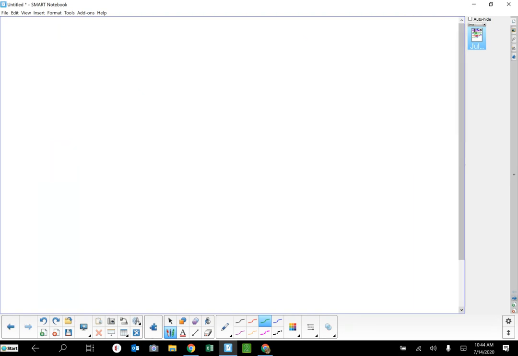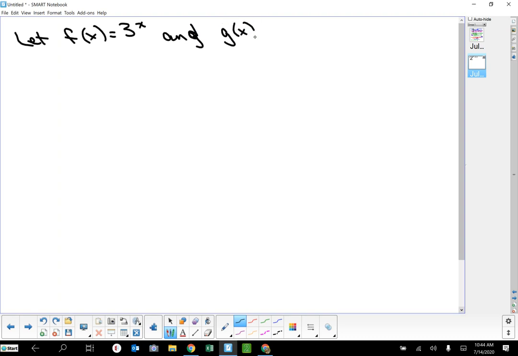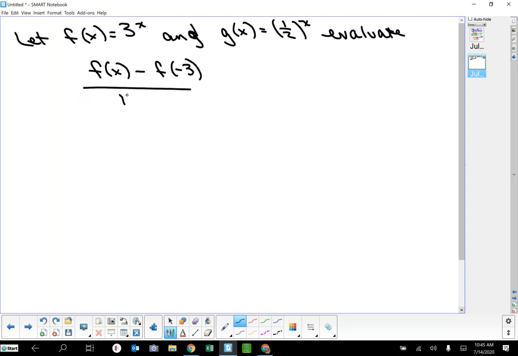So here's the first actual problem that I want to throw in your direction. Let f of x equal 3 to the x and g of x equal 1/2 to the x. Then evaluate f of x minus f of -3 all over x minus -3.